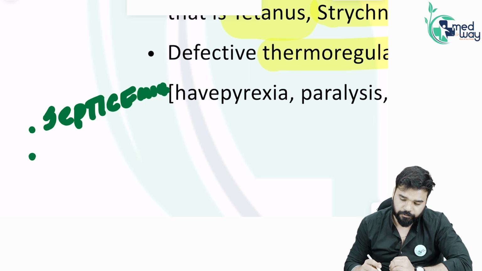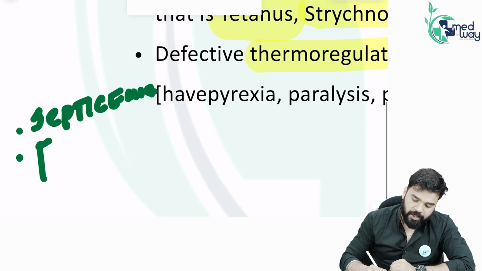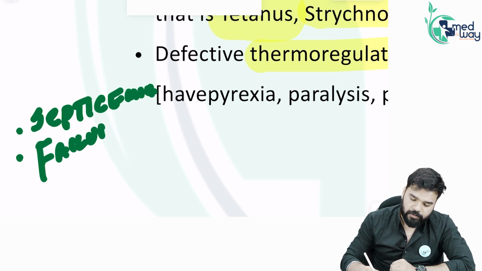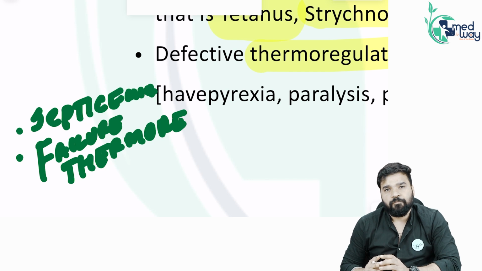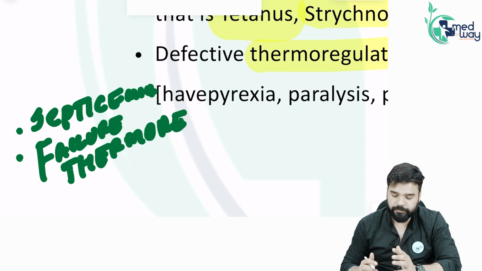Second, failure of what? Thermoregulation. If the center which controls or regulates the temperature of our body, what is that center? It is the hypothalamus. If there is a failure of the hypothalamus, then also you will see PM caloricity.